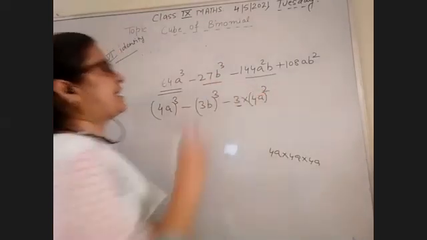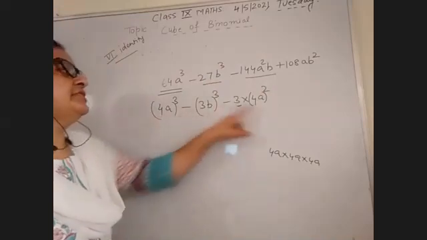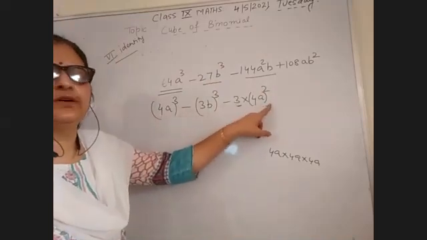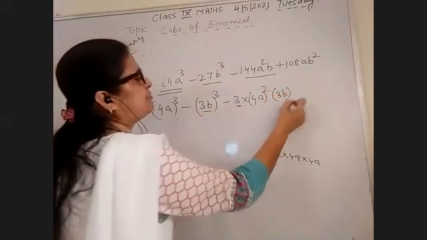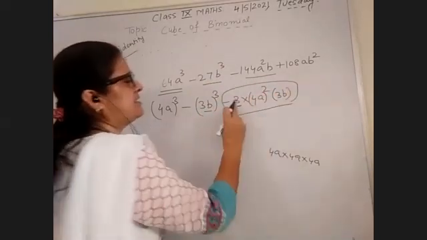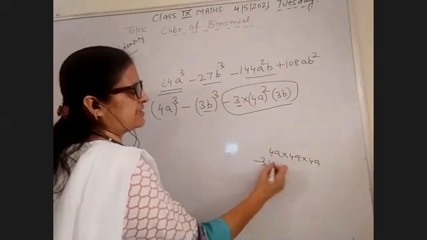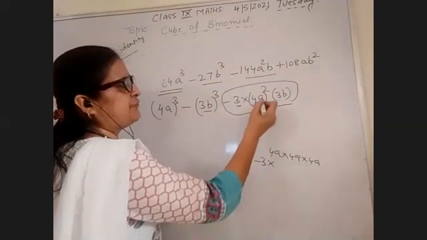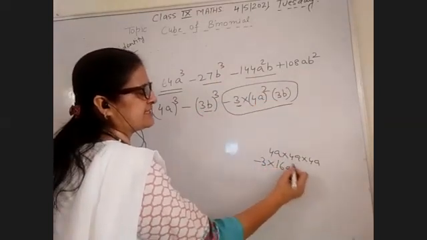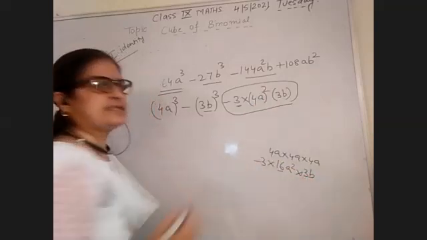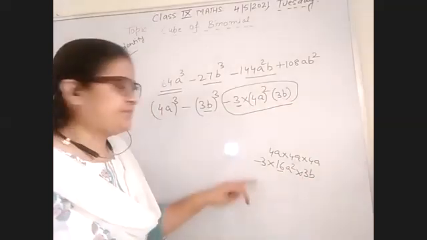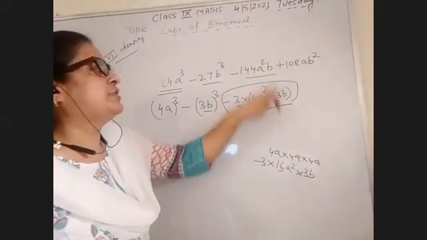And you will write here your a is given 4a whole square, and b is given 3b. When you multiply three numbers, expand these numbers, 4a square equal to 16a square and into 3b. 3 3s are 9, 16 9s are 144. It is equal to 144a square b.